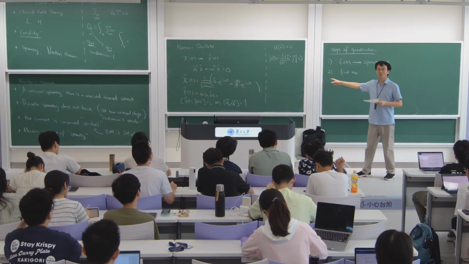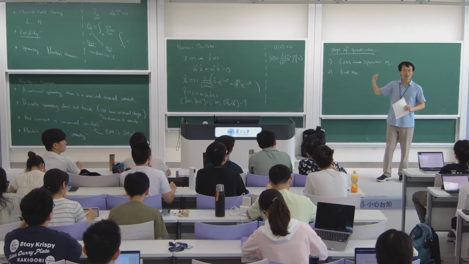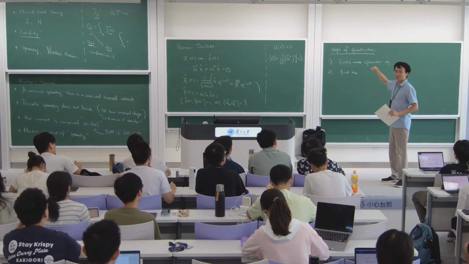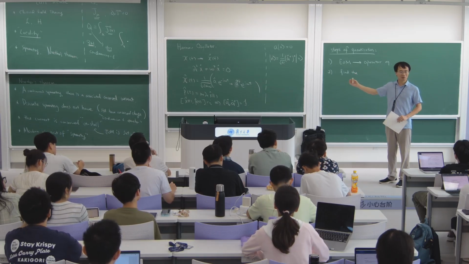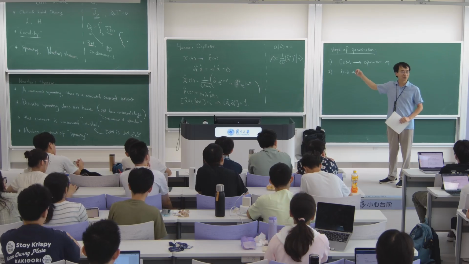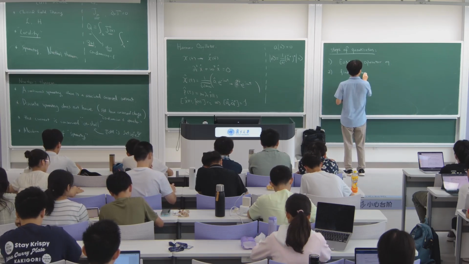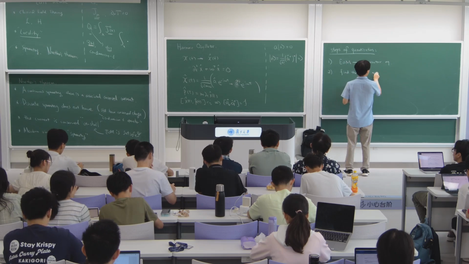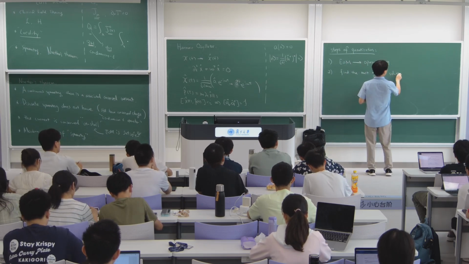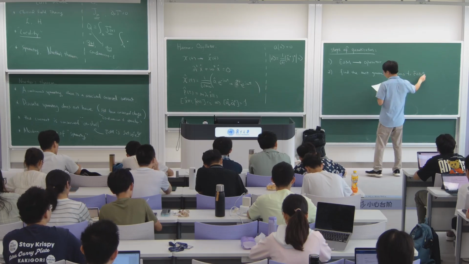You might think that this might be redundant because everybody knows that. But quantizing a field is essentially following every step of this quantization of the harmonic oscillator. So let's be very clear and streamline the procedures. So find the most general solution to the equation of motion.